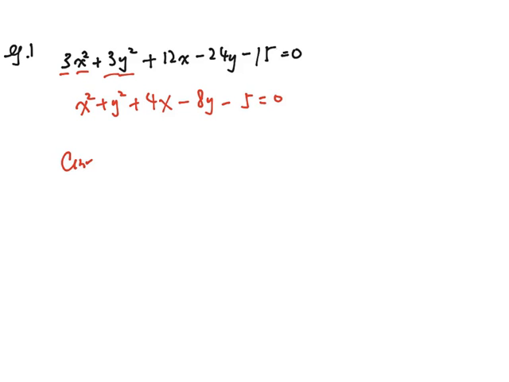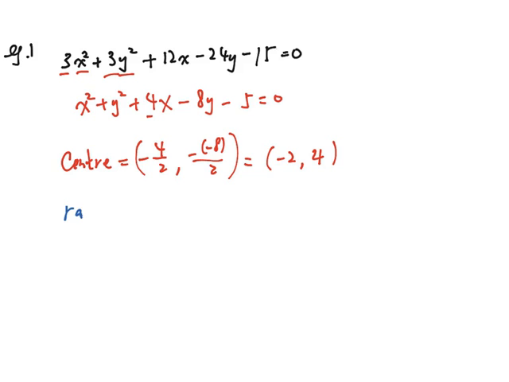If we want to find the center, we use negative d over 2, so negative 4 over 2, and then negative e over 2, negative 8 over 2. So it is equal to negative 2 and then 4.